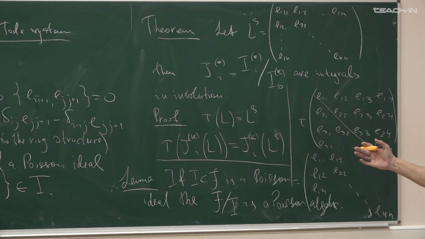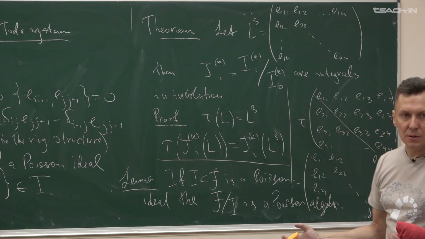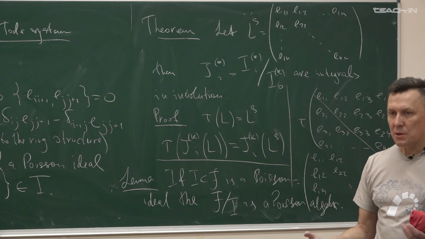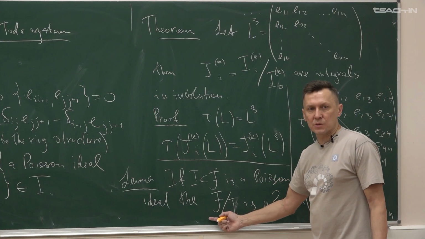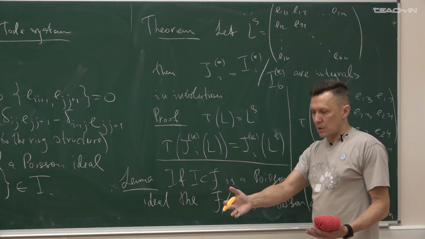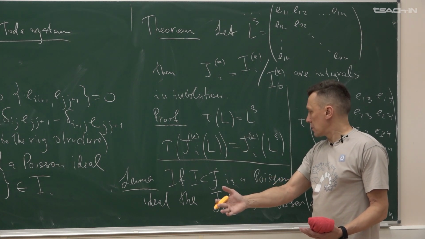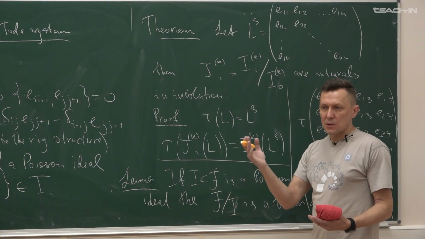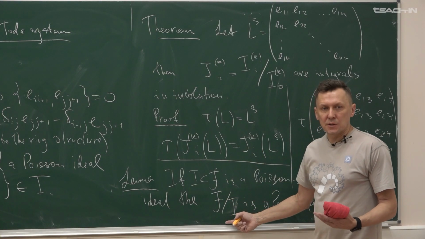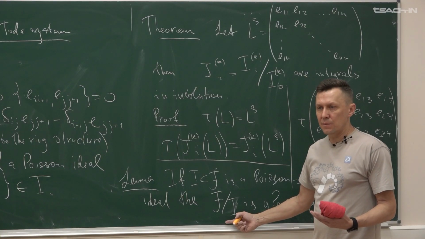So we have some ring, we have some ideal, we can consider the quotient, and the quotient in geometrical terms is always the restriction. We can consider the restriction of our functions to the spectrum of this ideal. Okay?